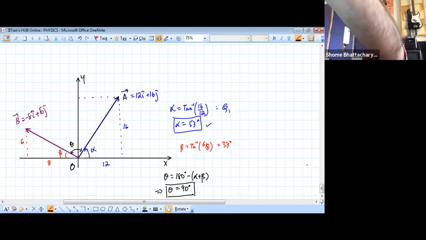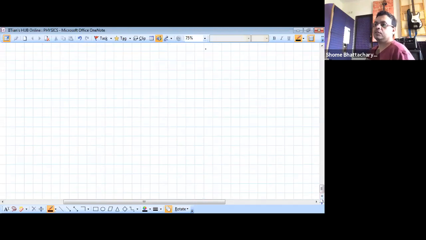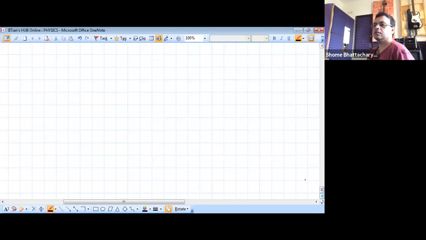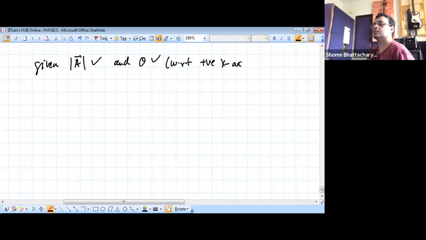The next part of our study here is the reverse of what we've done in these type of questions. We were given the components and we found the magnitude and angle. Now the reverse of that: given the magnitude of the vector and the angle theta with respect to the positive x-axis, how do we find Ax and Ay?